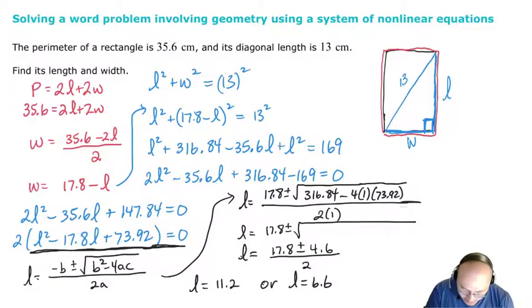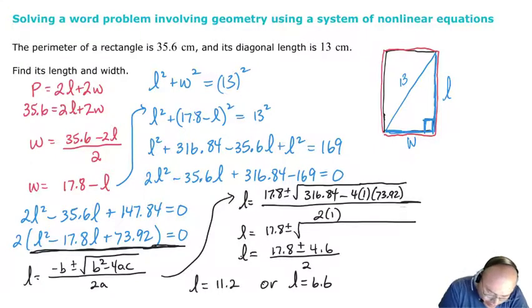So what happens when L is 11.2? When L is 11.2, we need to find W. How can we find W? Let's go back and look right here where that star is.